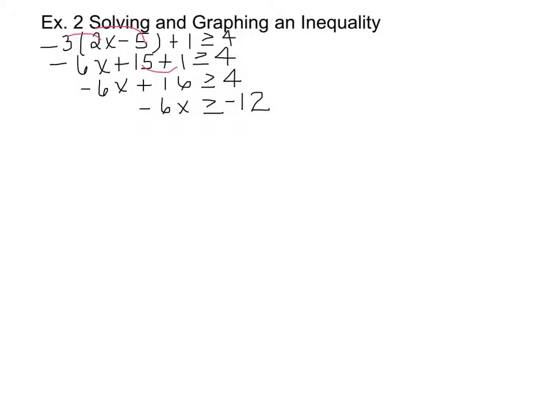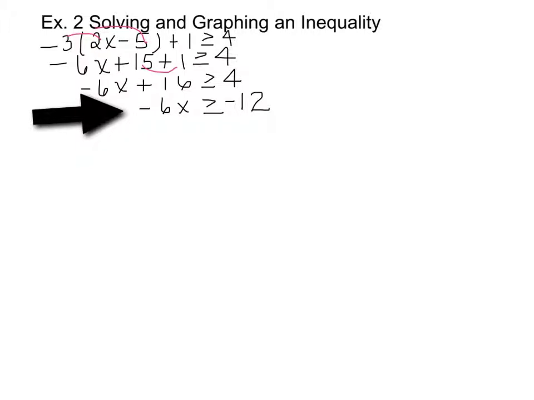Now, when you get to a point where you have to divide, in this case, or multiply by a negative, this is very important that you remember this. I'll make it really big.